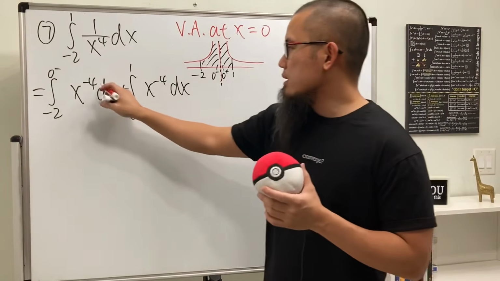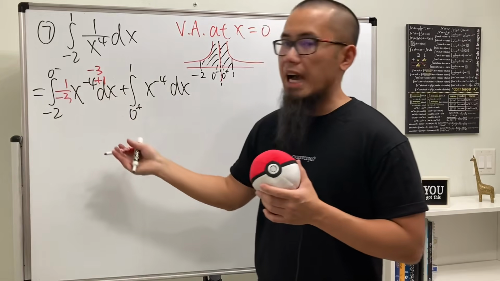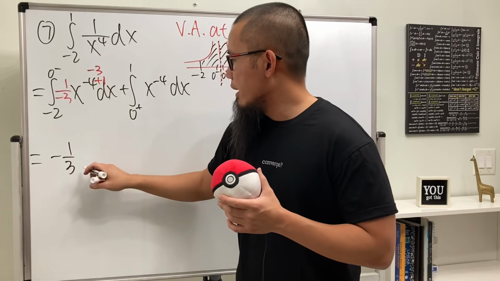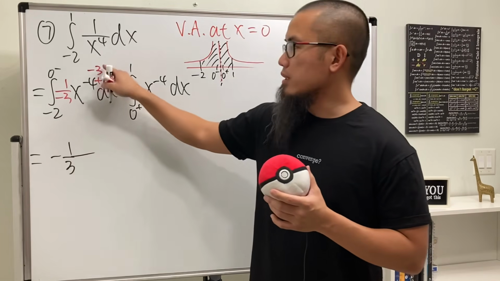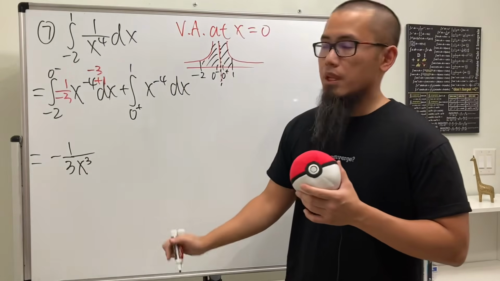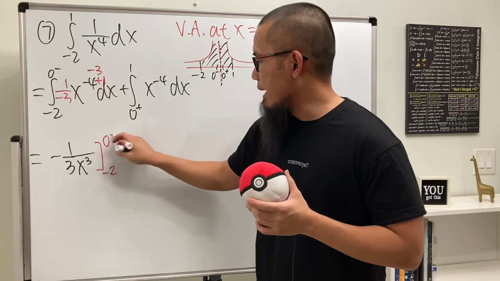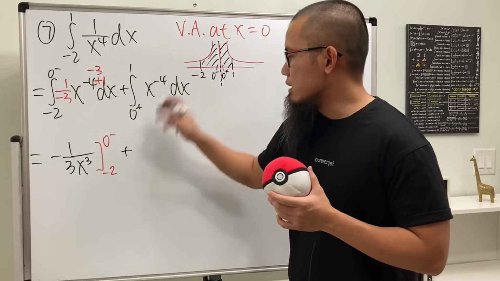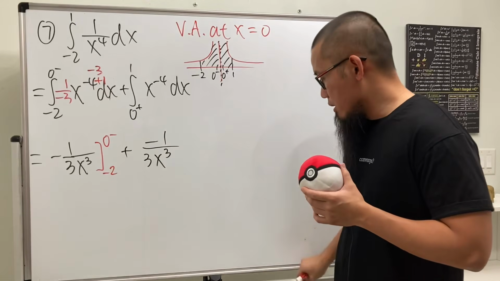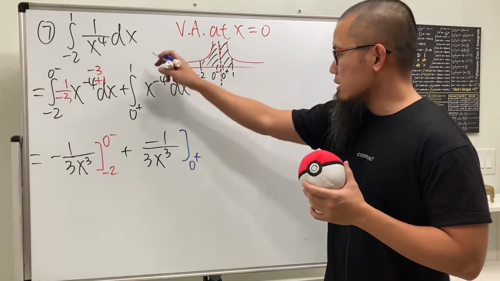Now, integrate this: add 1 to the power, which gives -3, divided by the new power, and we get -1/3 x to the -3 power, which becomes 1/x to the 3rd power down here. Then we go from -2 to 0 minus, and we add it with this one, which is -1/3 x to the 3rd power, but plug in 0 plus and 1.